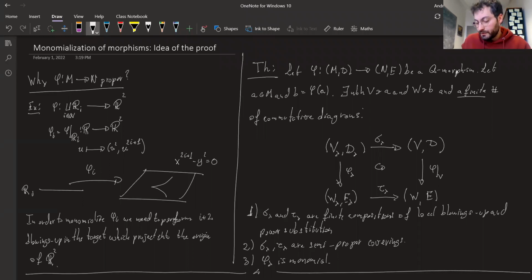But essentially the technical result that we need to prove is this one, this local version of the monomialization. So let me start by talking about its proof.